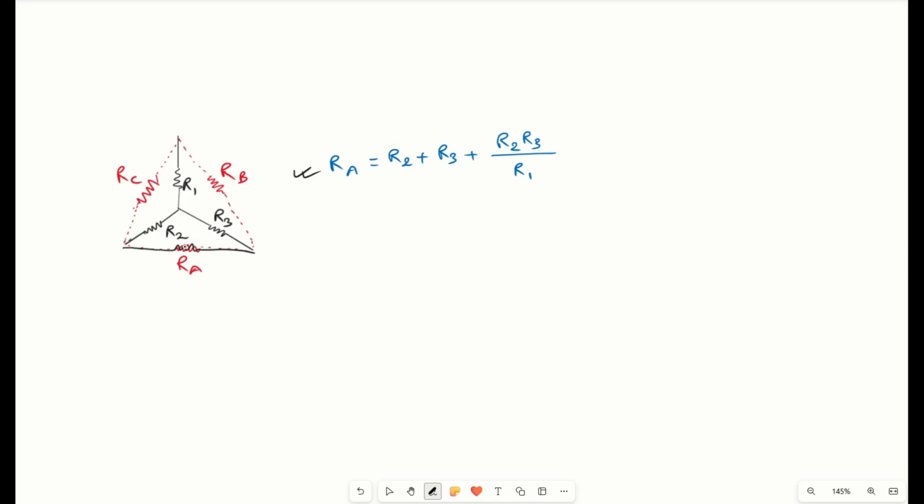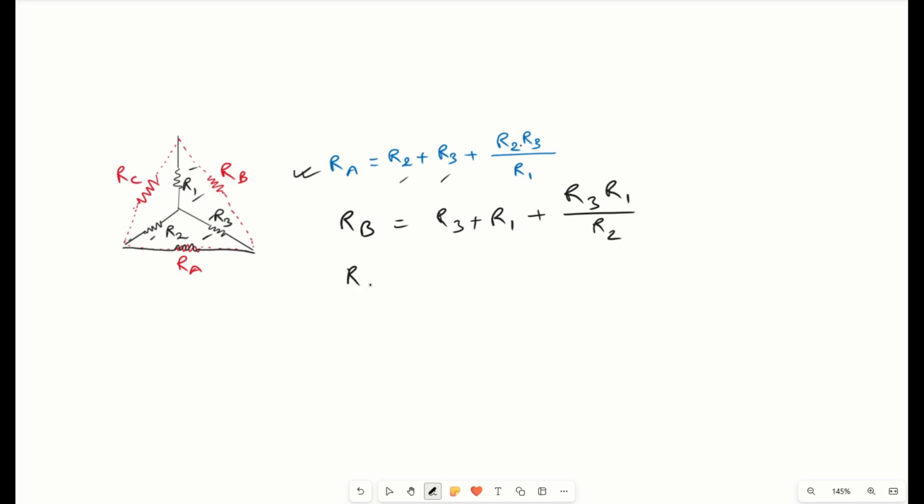So how can we relate this here? The corresponding remaining branches are R2 and R3 in this triangle, so R2 plus R3 plus again R2 into R3 divided by the remaining, which is R1. Like this, if we write down for Rb, we have R3 and R1 as our branches, then plus multiplication of them divided by the remaining, which is R2.